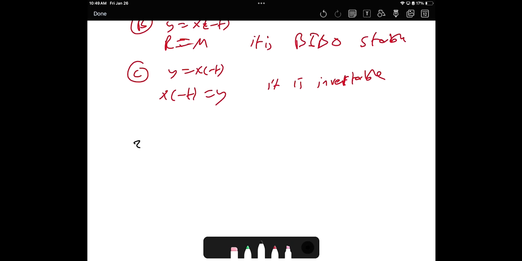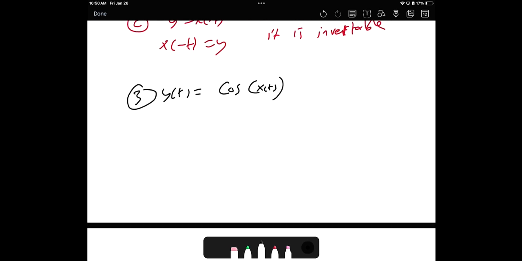Okay? Now, number 3, y of t equals cosine of x of t. Now, how can we check, is it linear or non-linear, invertible or not? So let me write some questions, and we will do this next lecture.